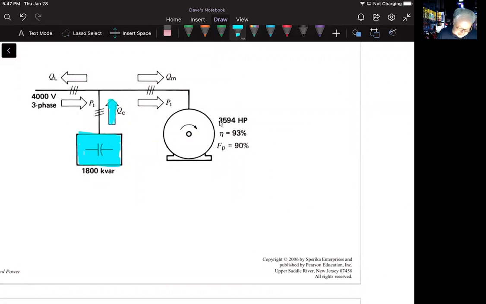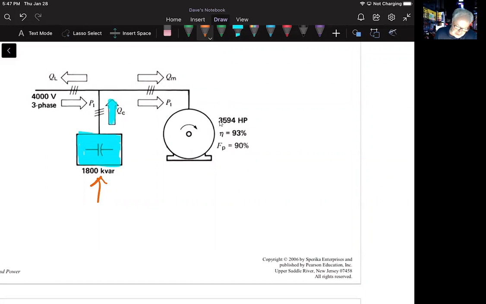But anyway, what he says is it's a 5,000 horsepower Y-connected motor connected to a 4,000 volt line, 3-phase, 60 hertz. It has a delta connected capacitor bank. So this is representing a capacitor bank of delta connected capacitors, and we worked an example of that earlier.